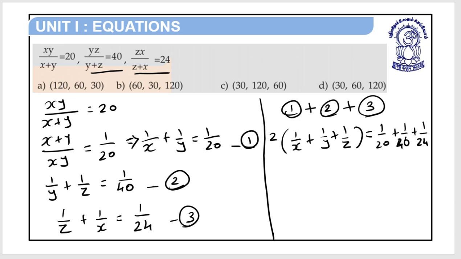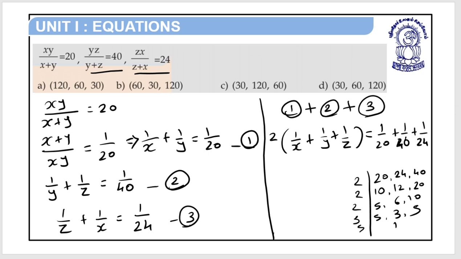Now take the LCM of 20, 24 and 40. So 2 tens are 20, 2 12, 2 20, 2 5s are 10, 2 6 are 12, 2 5, 2 3s are 6, 2 5, 3 1 5 1 1, 2 2s are 4, 2s are 8, 3s are 24, 5s are 120. So LCM is 120.